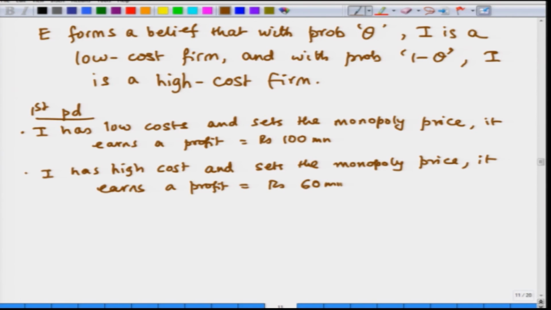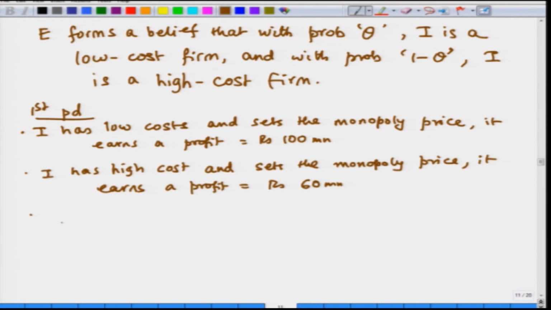So, if I am low cost and I set the price that a low cost monopolist would charge, the profit that the incumbent would get would be rupees 100 million. If I am a high cost firm and I know my cost and I set a price which is equal to the price that a high cost monopolist would have set, my profit would have been equal to 60 million.